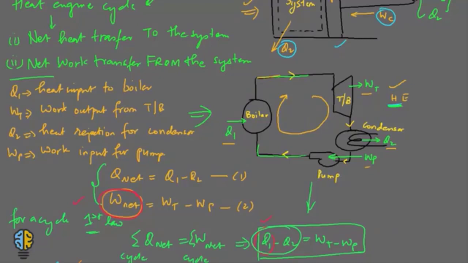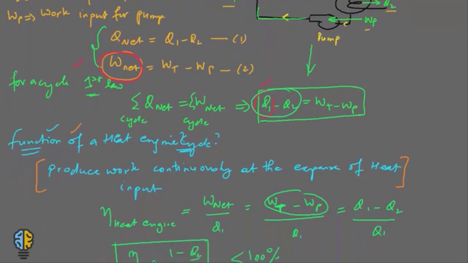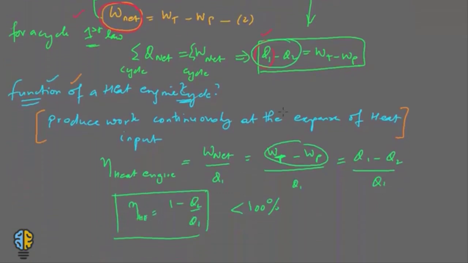We need to take care of two things in a heat engine cycle, that is net heat transfer to the system and net work transfer from the system. The primary terms that we are concerned about are the net work transfer and the heat input. This is the efficiency of the heat engine, which is obviously less than 100%.